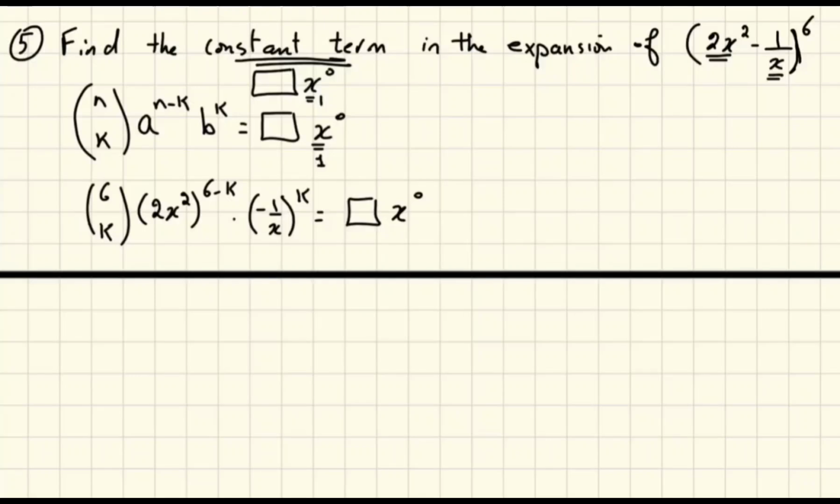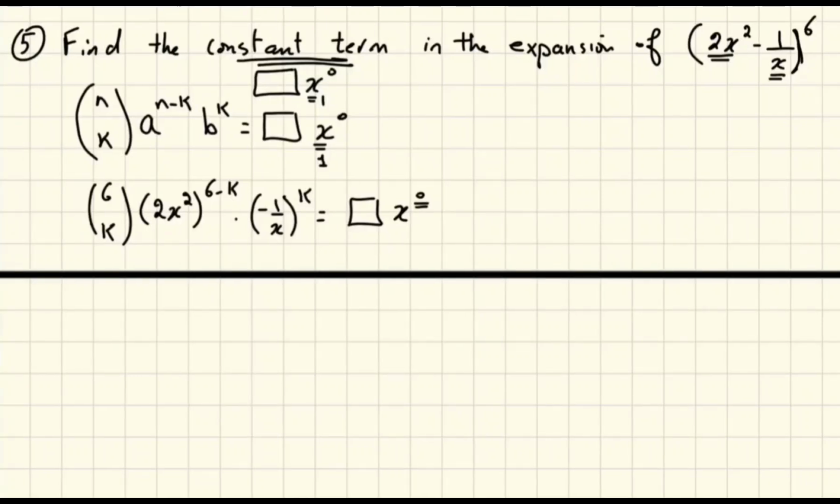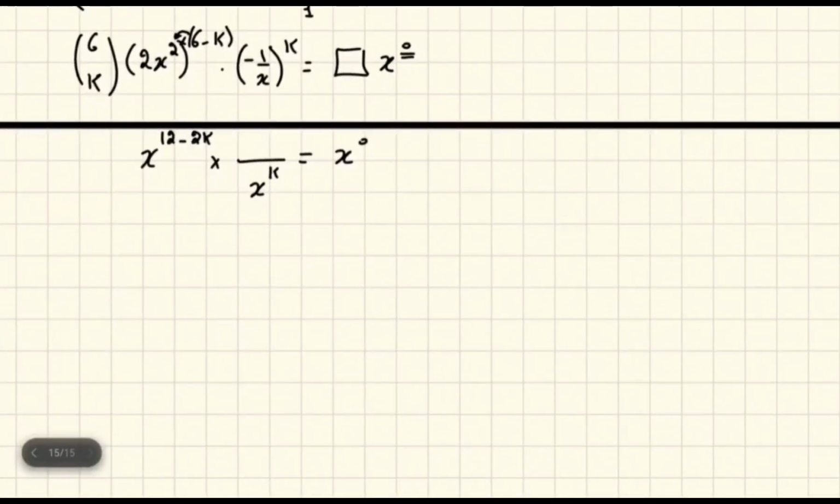Now again, we're looking for the k. Since I know the exponent of x in this case is 0, let's distribute the 6 minus k over the x squared. When I say distribute, we need to multiply. So x exponent 2 times 6 is 12, minus 2k, multiplied by whatever we have in the numerator. We don't care about it, we look only for x, so it becomes x exponent k, and I know the answer of this will be x exponent 0, as we did before.